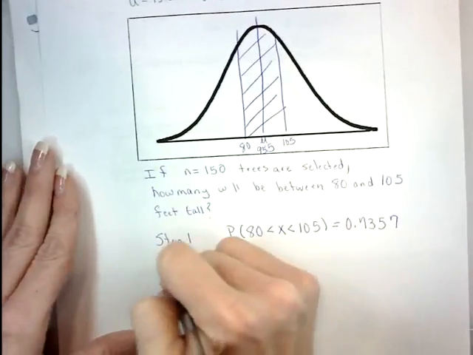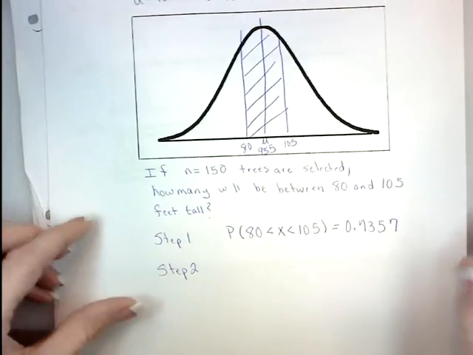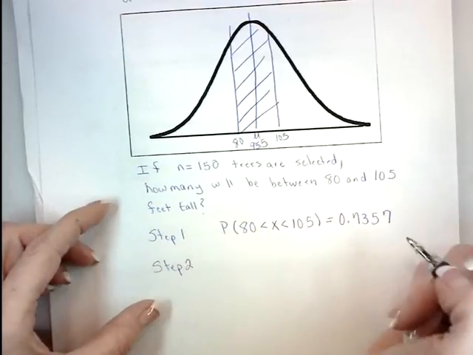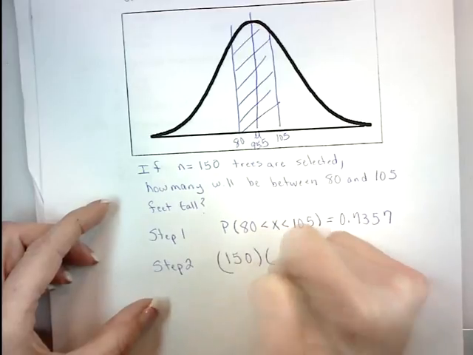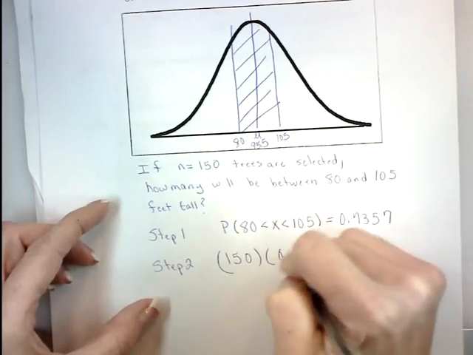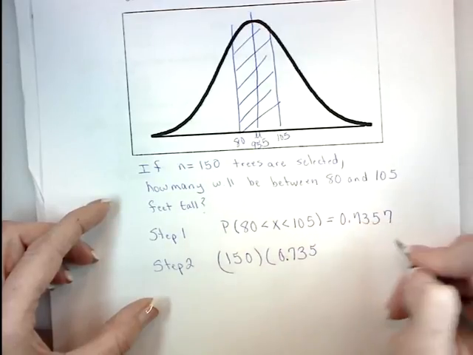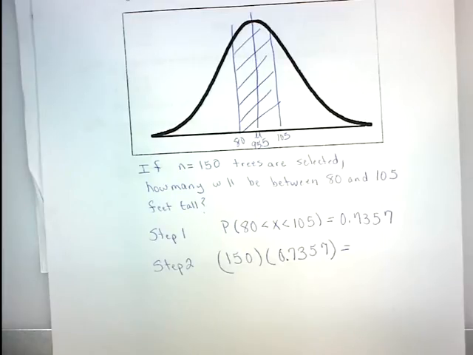Now step 2. If 150 trees are selected, how many will be between 80 and 105 feet tall? So that's where you take your 150 and multiply by the probability that a single maple tree selected at random will be between 80 and 105 feet tall. So sample size times the probability will give us the answer.